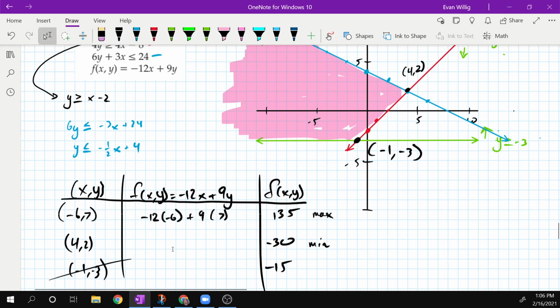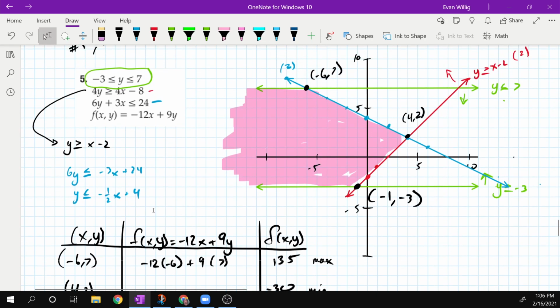And the way I do that is I'm going to pick a point. And one thing I like to do here, take a look. I notice I've got the x-axis, and it's always going to be a part of the solution region. And it's going to go out to negative infinity. So I can take something crazy like -1000 as my x-coordinate and 0 as my y-coordinate.